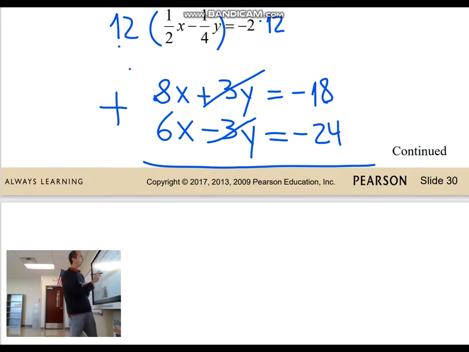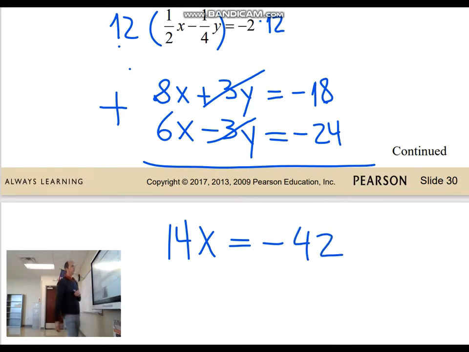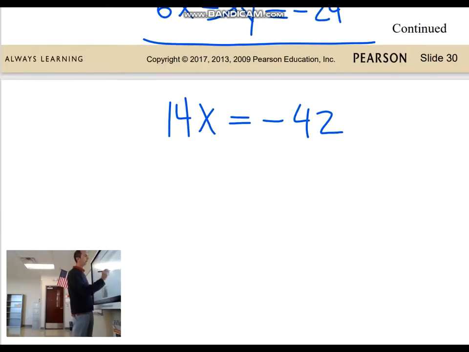And that's the objective, because we're going to have an equation with only x. 8 plus 6, 14. 14x equals negative 18 minus 24, negative 42. Divide negative 42 by 14, and you're going to have x equals negative 3.